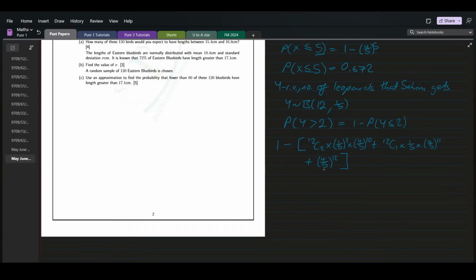This gives us 0.442, and this is our final answer for part B.